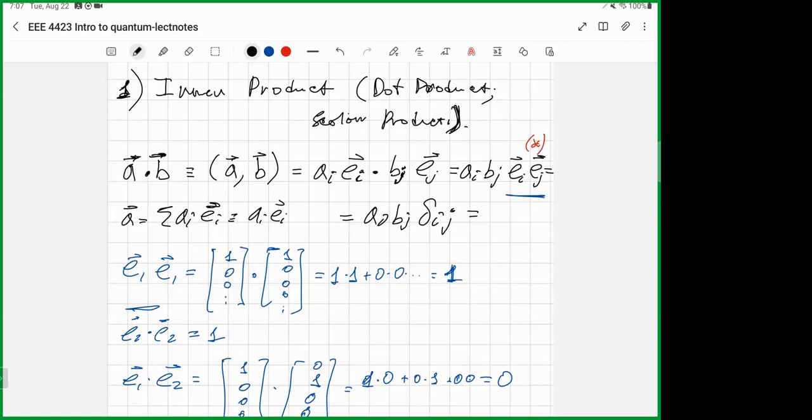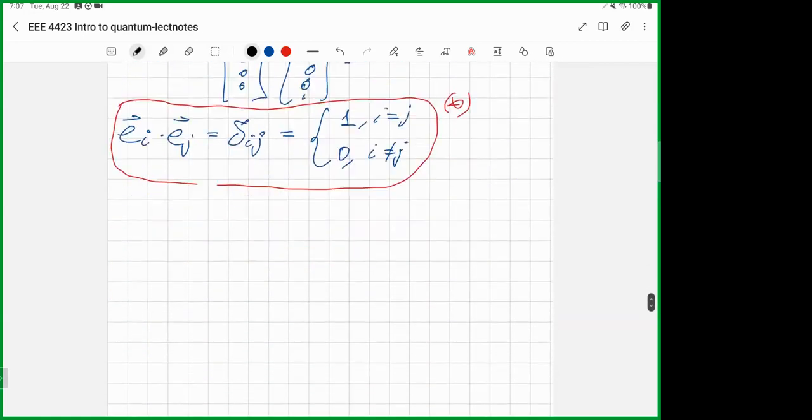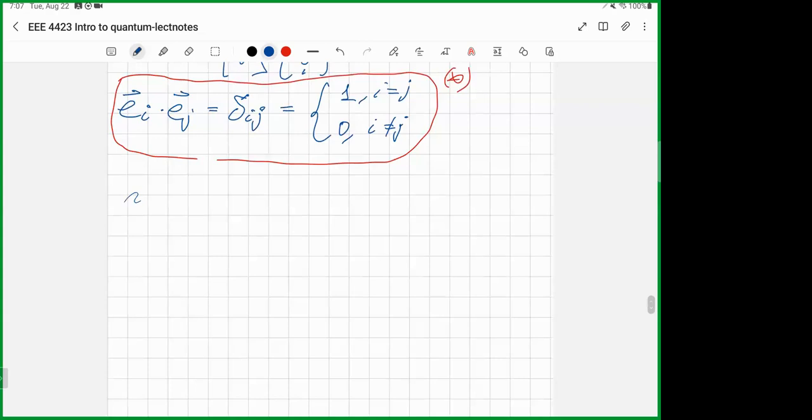And now, if we consider the sum of b_j over j times delta_ij, what do we get? This delta is very simple, right? It's equal to 1 when the indices are equal, when i equals j, and otherwise it's equal to 0 when i is not equal to j.